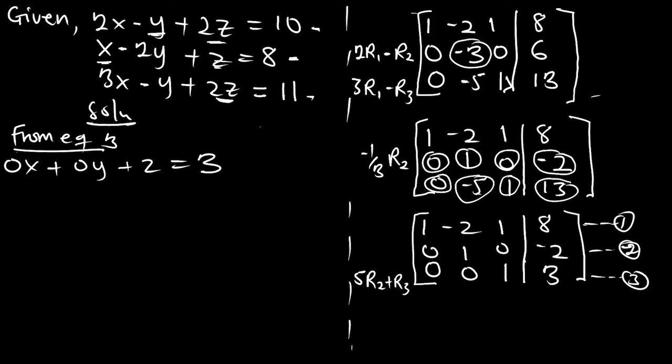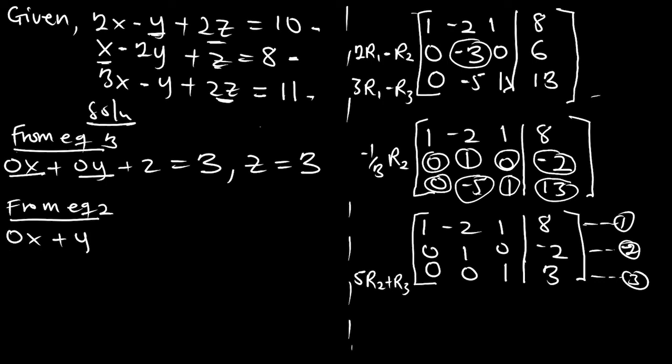Are we okay? So since this is 0, 0, meaning from equation 3, our z is going to be 3. Now, from the second row, which is from equation 2, we are also going to write it as 0x plus y plus 0z is equal to negative 2.